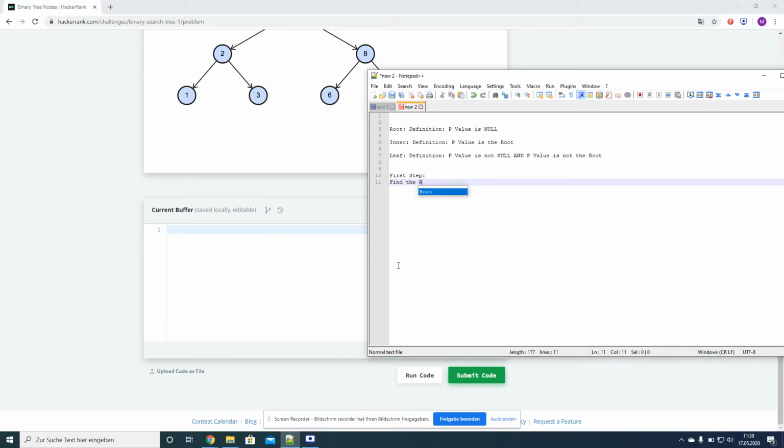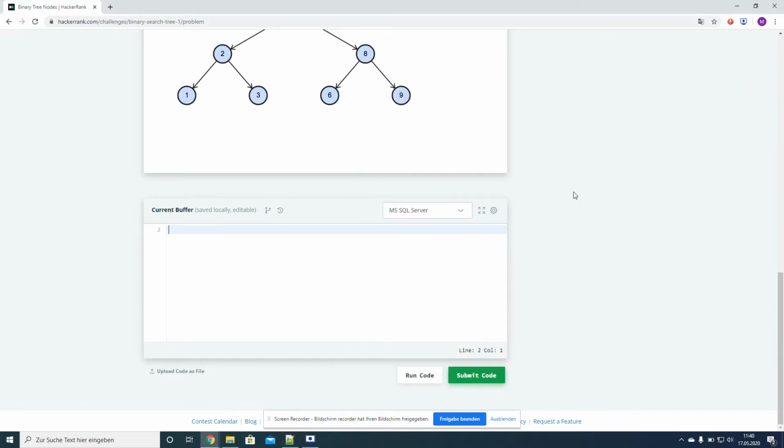Find the root. Second step, define root, inner, and leaf. And that would be the plan for now. We might have to do more steps, but we are going to figure that out on the way.